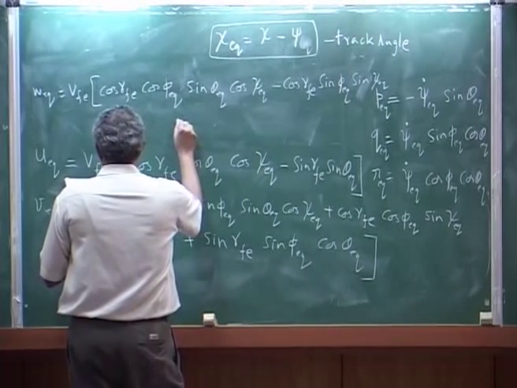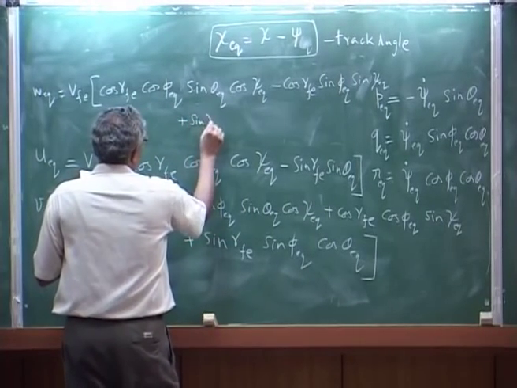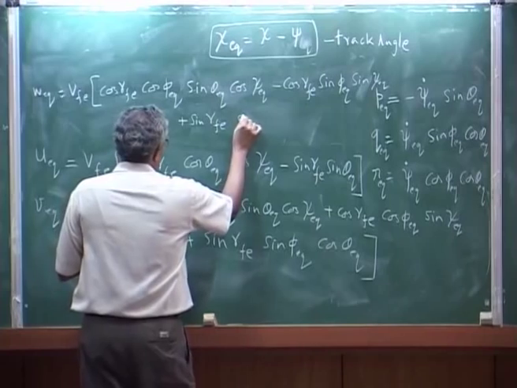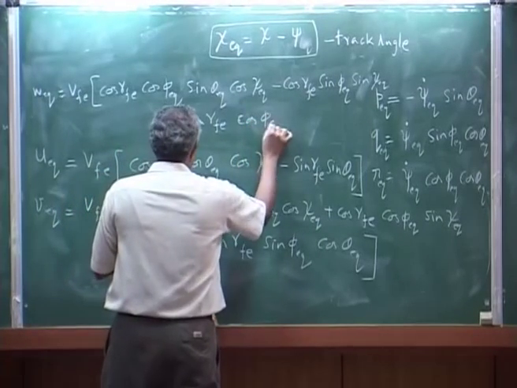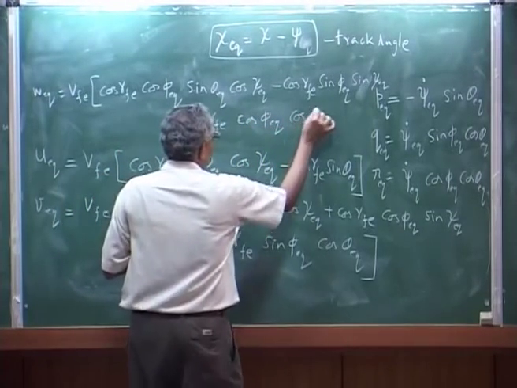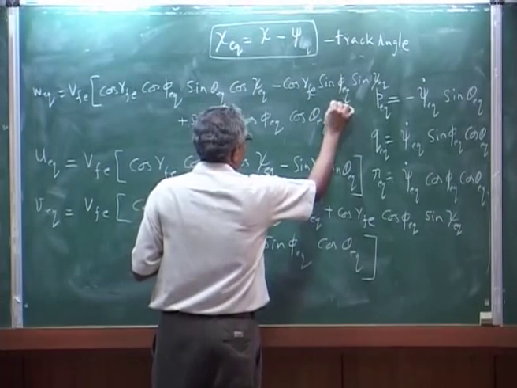Then you will have one more term plus sin gamma FE cosine phi equilibrium cosine theta equilibrium. Okay.